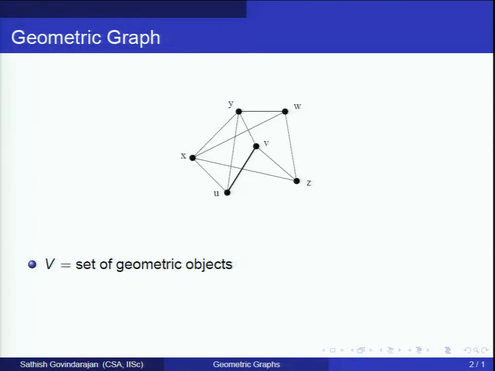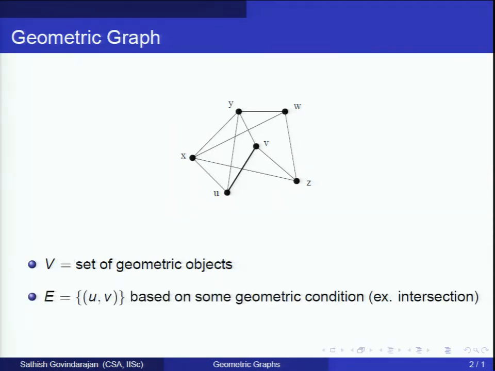As you know, what is a graph? Can someone quickly say what a graph is? You have a set of vertices and some edges connecting the vertices, right? In the case of geometric graphs, the set of vertices typically represents a set of geometric objects. V is usually the notation used for vertices.